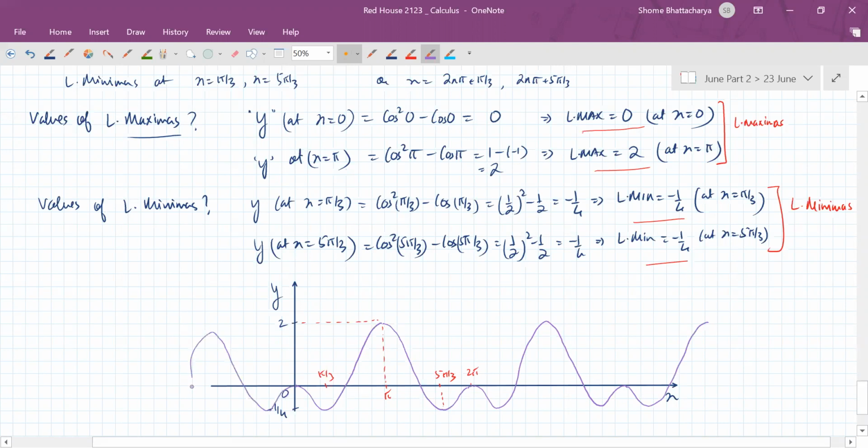Before this, it would have repeated itself. So, in every cycle, it has 2 dip points and 2 peak points. But the peak points are having different values, 0 and 2, again 0 and 2, again 0 and 2. Whereas the dip points are having a common value of minus 1 by 4. So this is the information that we are getting from the concept of local maxima and minima of this function. Okay.